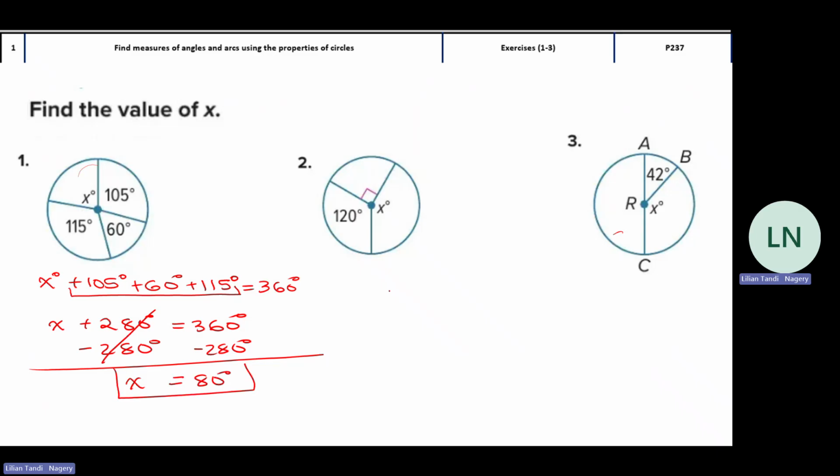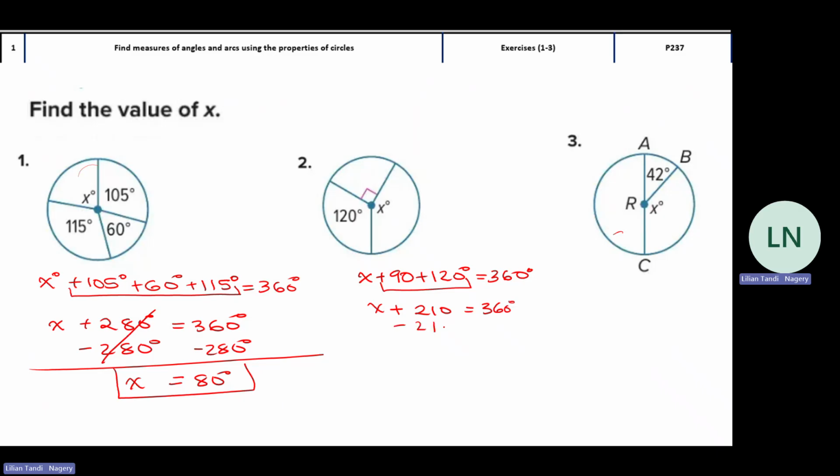In question 2, we have three angles. We have angle x plus angle 90 plus 120. Because they're in a circle, they should add up to 360. These are friends, so this will be x plus 210, which equals 360 degrees. Make sure you're writing clearly so you don't make a mistake, okay?